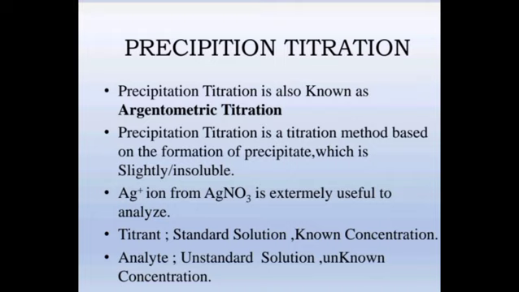Next, analyte. It is a non-standard solution of unknown concentration. In this titration, we don't know the concentration of the analyte or the standardization of the solution, but we know the standardization of the titrant only.